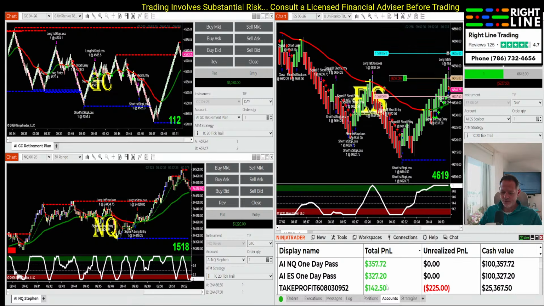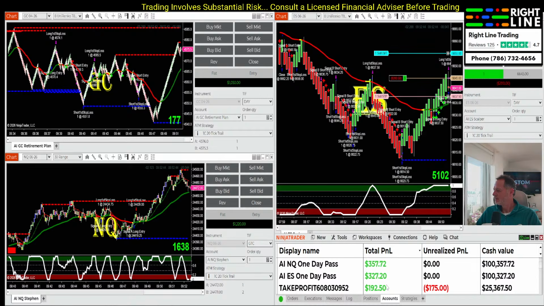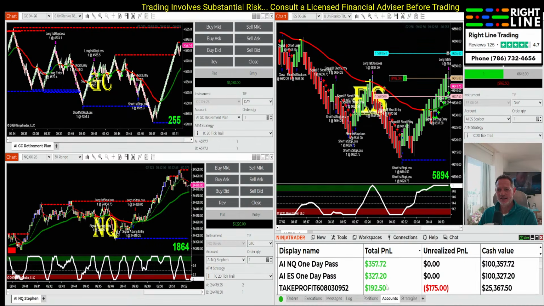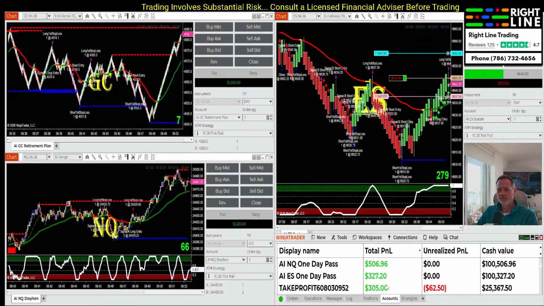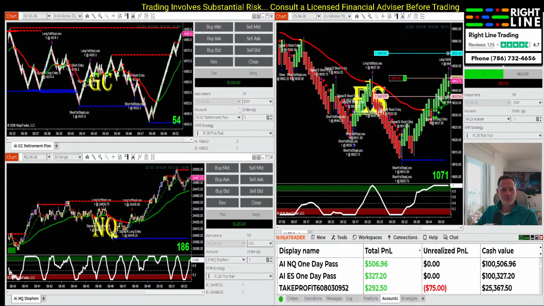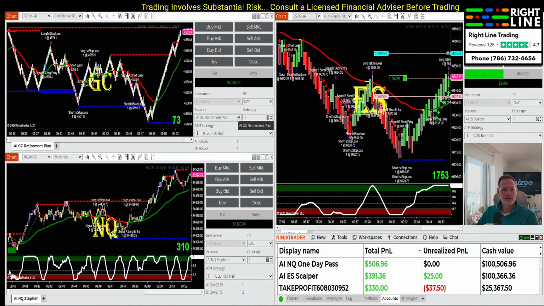Oh, you've got a CL retirement plan. Okay. Way to go, Rue. 3 contracts. That's ballsy. 3 big ones or MCL? That's huge. That's $30 a tick. Whew. That's a big one. Man, look at gold move right there. All right.